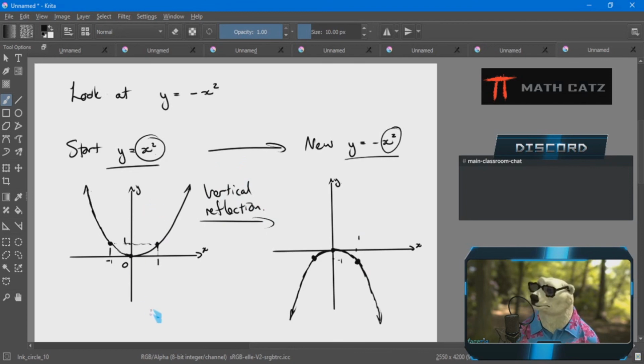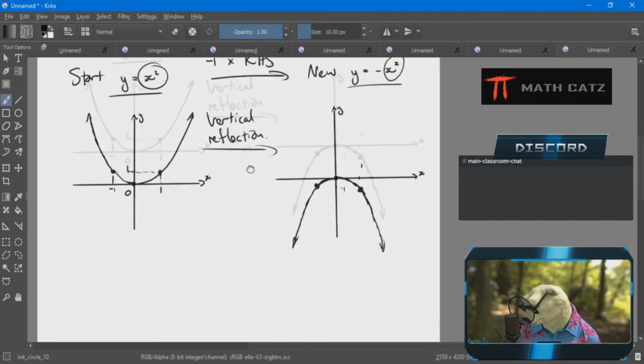I had to flip it vertically. What happened to the function? How did the function change? It was negative 1 times the right-hand side. Right-hand side stays the same. Negative 1 times that right-hand side. Okay.